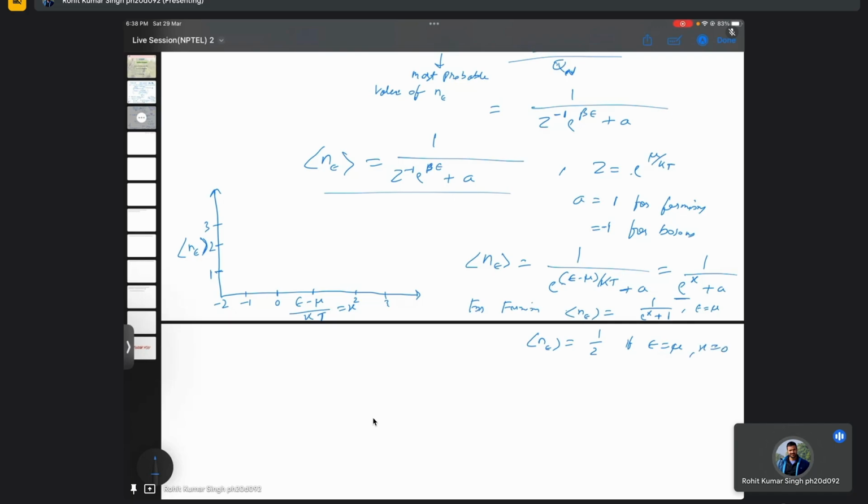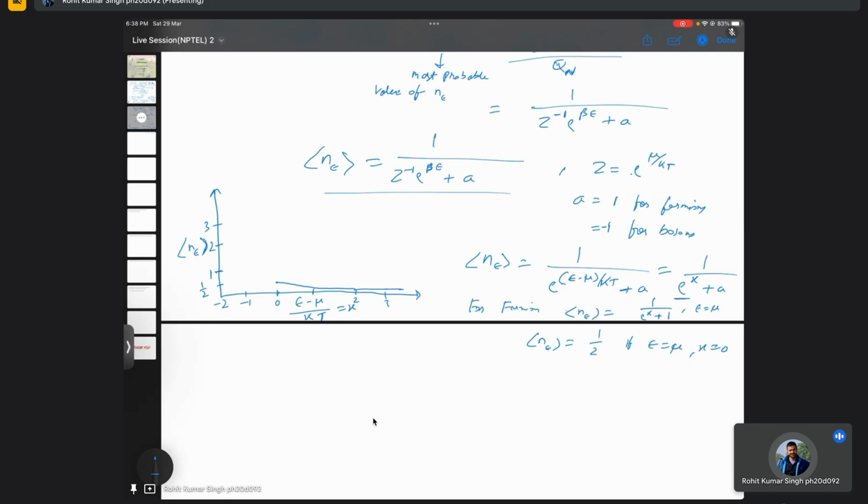So at this point, the mean occupation number is half, and below this point it will decrease like this. It will be an asymptote basically.